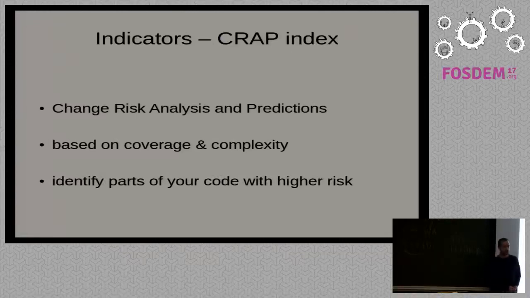And in PHPUnit, for instance, if you run the coverage tool, you have reports about CRAP index of every method, every class, everything. And you can just migrate and see at what speed it decreases. That's a pretty good tool to follow the migration. And it's easy to identify parts of your code with higher risk, so the parts you have to migrate first, maybe.